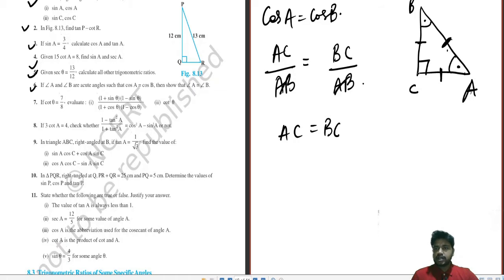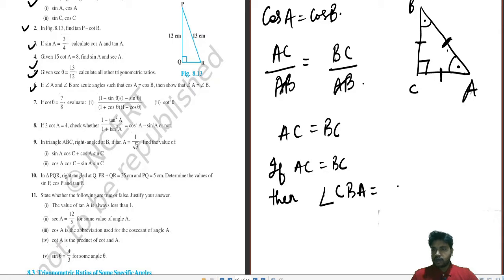If these two sides are equal, if AC equals BC, then angle CBA equals angle CAB.